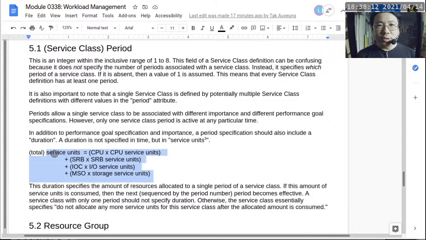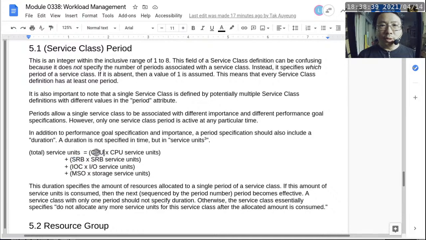A surface unit is computed by a weighted sum of specific terms. When you look at each term, it says CPU times CPU surface units, SRB times SRB surface units, IOC times IO (input output) surface units, and then MSO times storage surface units.